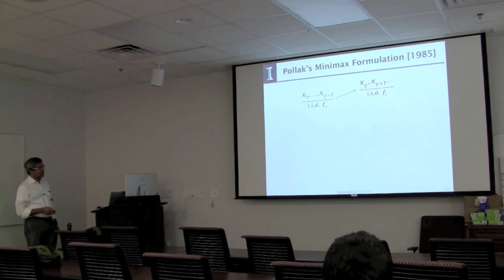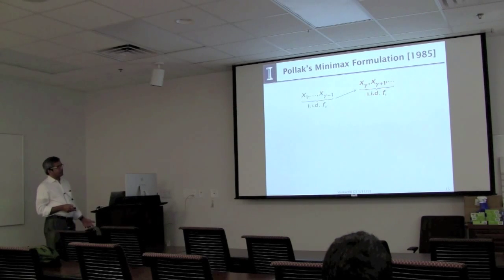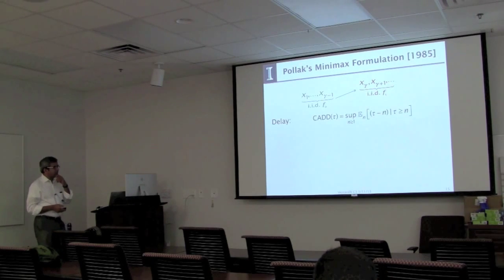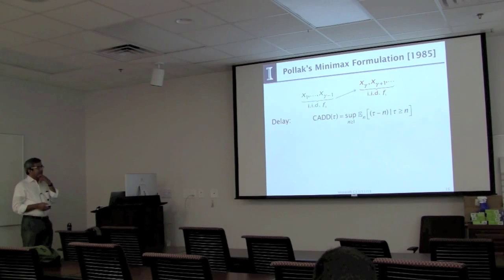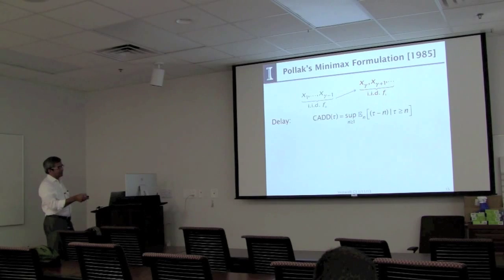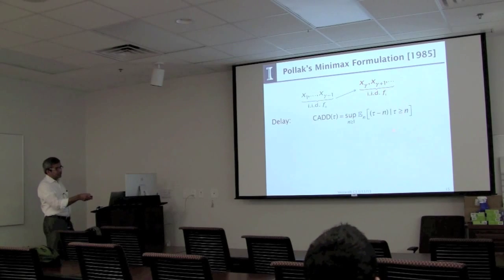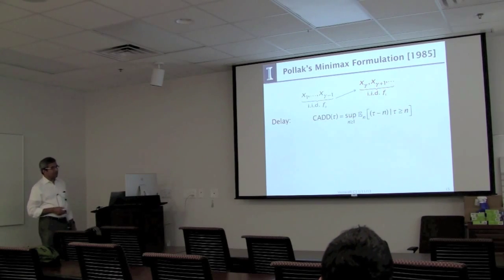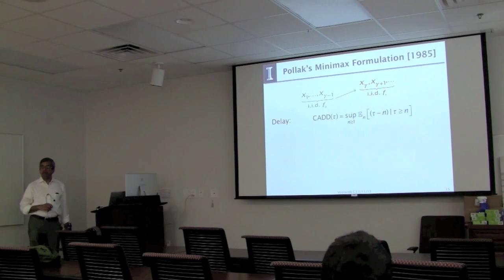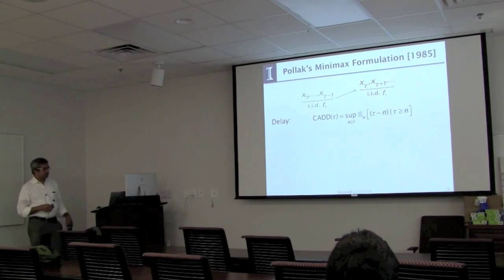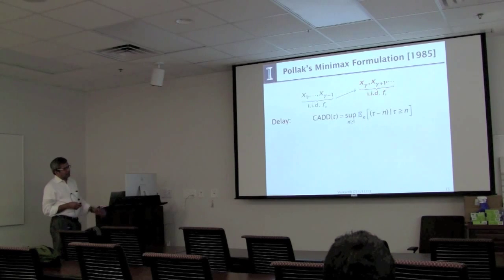Okay? Now, there was another formulation due to Pollak in the mid-1980s, and he decided to make the delay expression a little simpler. So rather than taking this essential supremum by conditioning on the observations, he just conditioned on the event that you stop after time n, and just took the supremum over n, and you can actually show that this CADD is always going to be smaller than WADD.